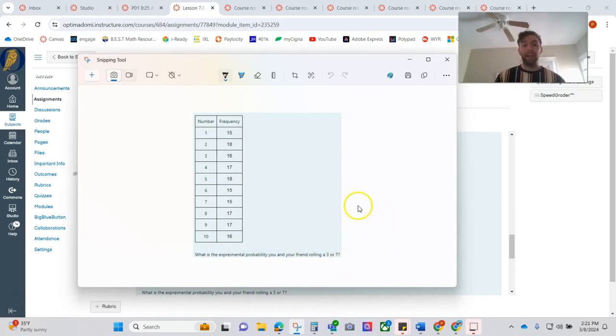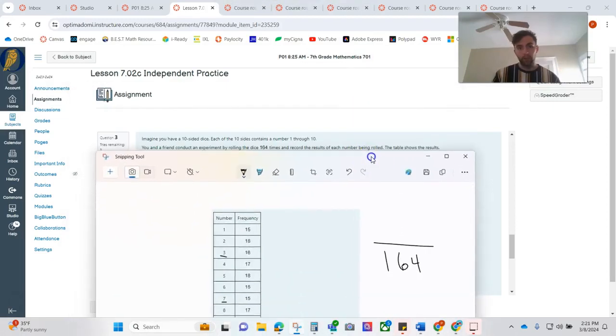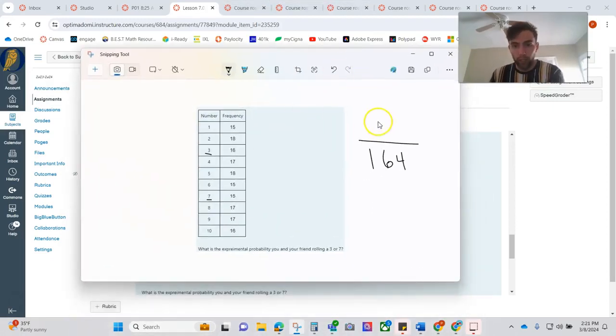But let's see if it actually was a 20% chance. So the number 3 and the number 7. Out of 164 total rolls, 16 of them were the number 3, and 15 out of 164 rolls were the number 7.